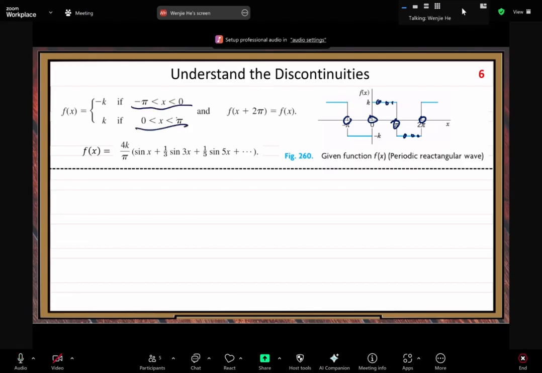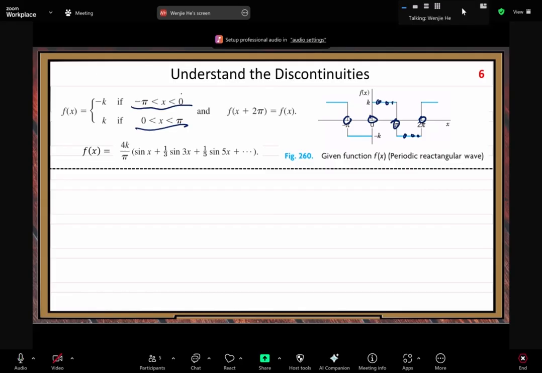If you look at this rectangular wave, at 0 the value is not defined. What's f of 0? You don't know, right? There is no definition in this function. But if you do the summation of that trigonometric series and plug in 0, which number do you get? You plug in pi, which number do you get? You plug in a multiple of pi, what number do you get?